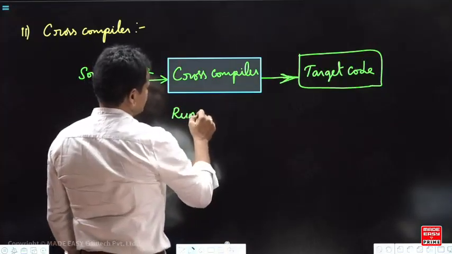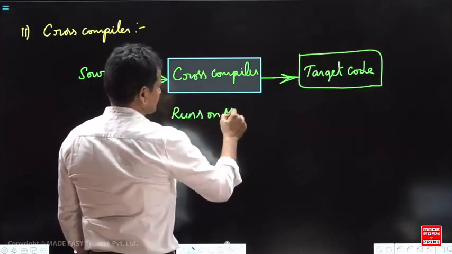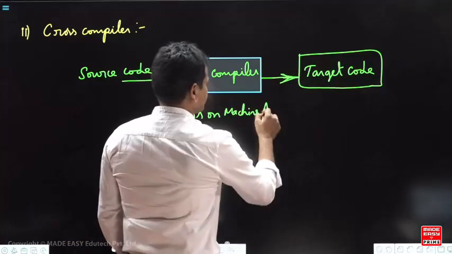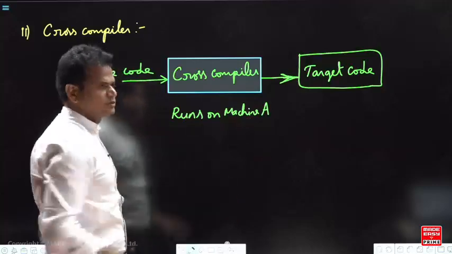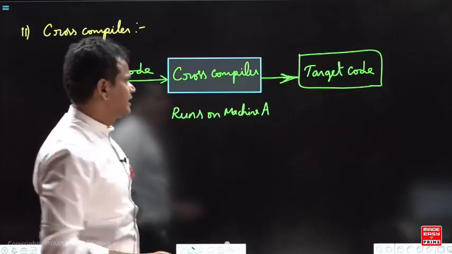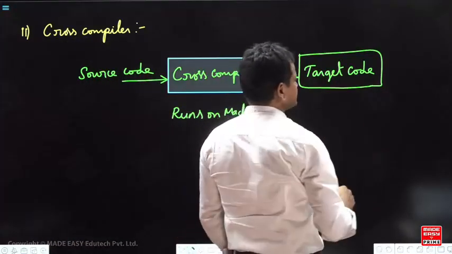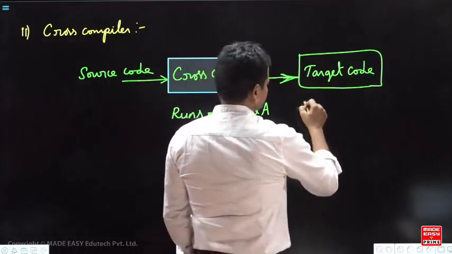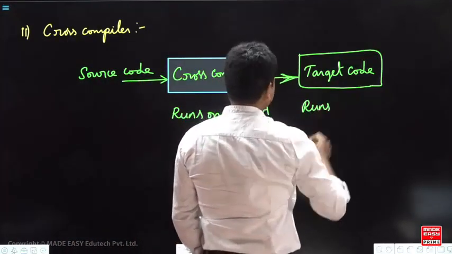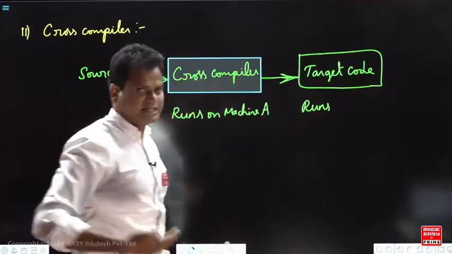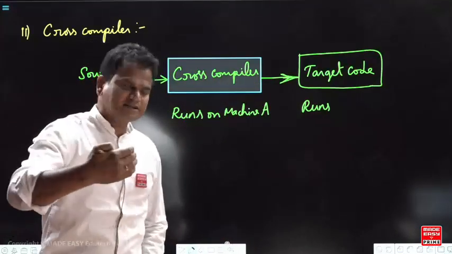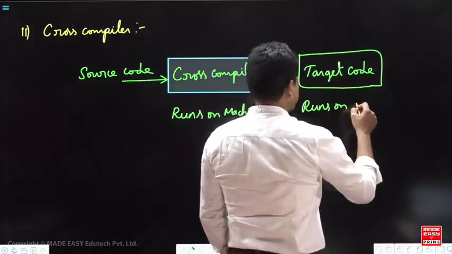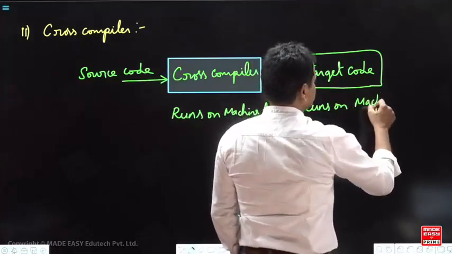Suppose the compiler is running on machine A. Suppose it is running on Windows and it produces a target code which runs on a different machine, so let it be Unix. The cross compiler is a compiler which runs on one machine and produces the target code which runs on a different machine.